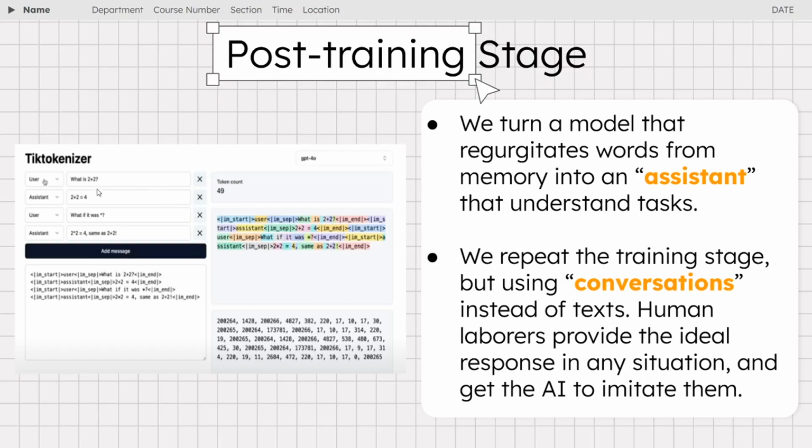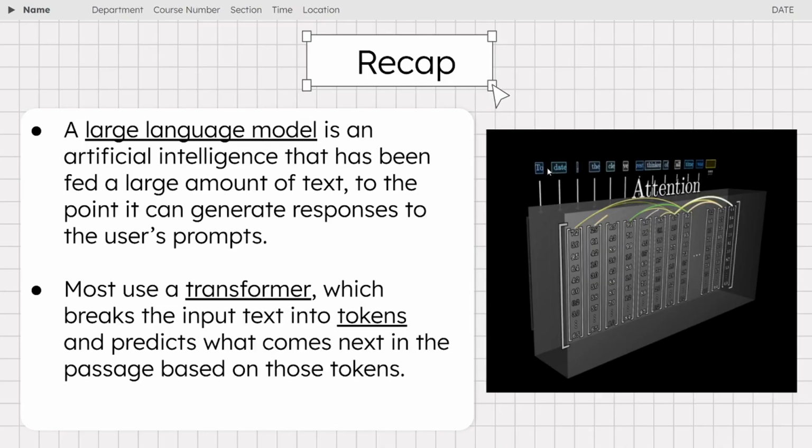As you see to the left, the conversations are exactly what it sounds like, a conversation between two people, the user and the assistant. What is 2 plus 2? 2 plus 2 is equal to 4. And the way this works is the conversation is turned into tokens again, because the LLM doesn't understand words.